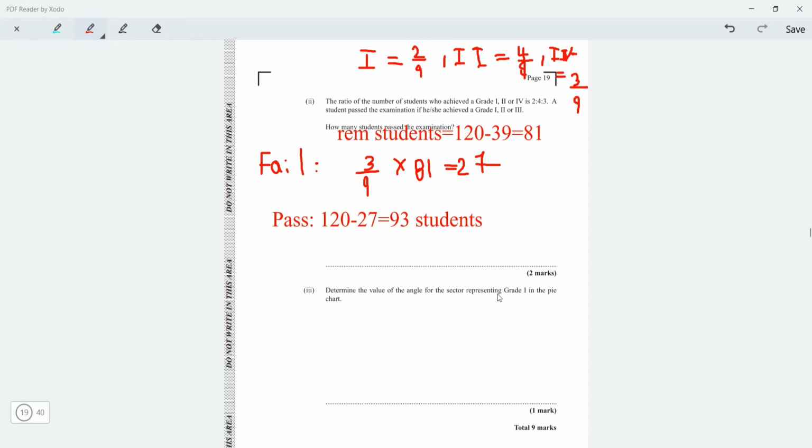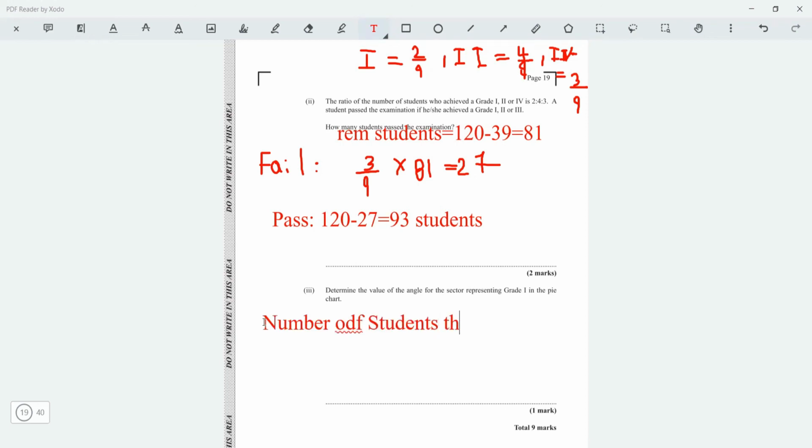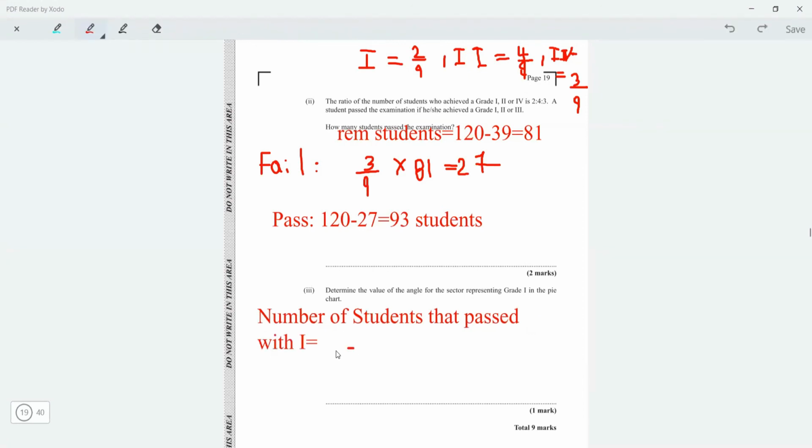So the number of students that pass with a grade 1 is equal to 2 over 9 times 81. If you plug this into the calculator, you get 18. So 18 students pass with a grade 1.